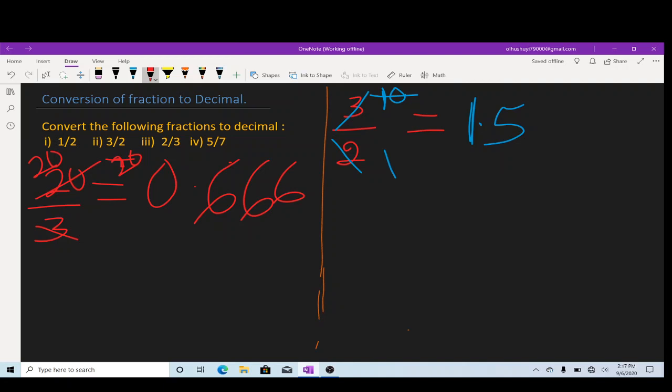Since you keep having a remainder of 2, you just terminate it here. You can just say your answer is 0.67 approximately. And that is to what decimal place? 1, 2. That is 2 decimal places.